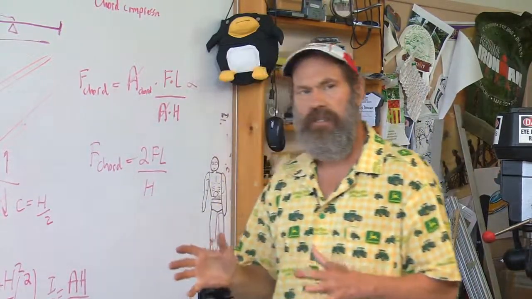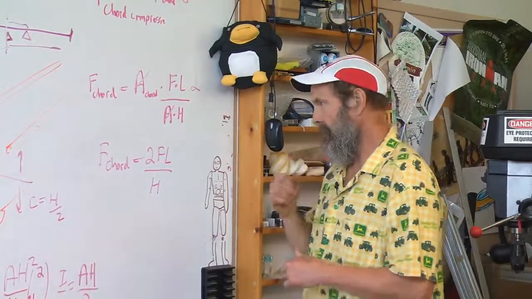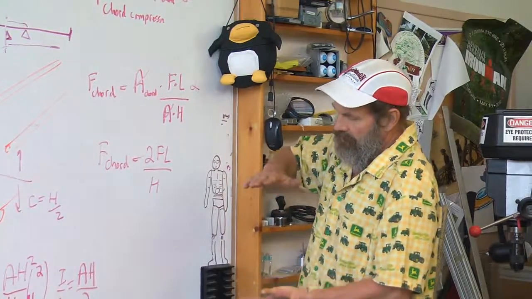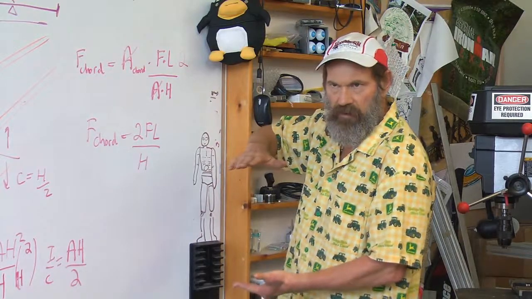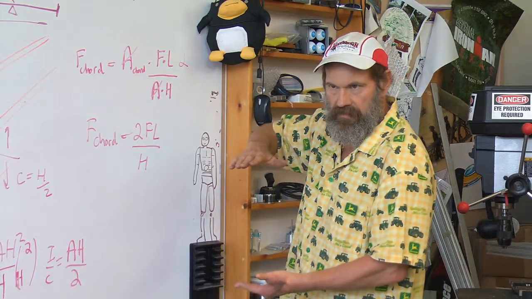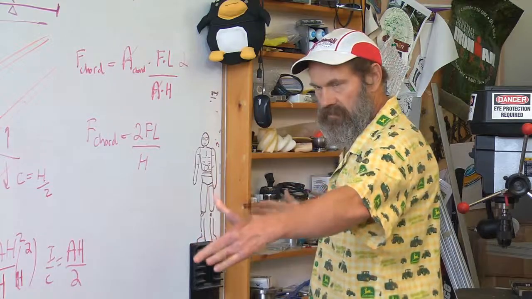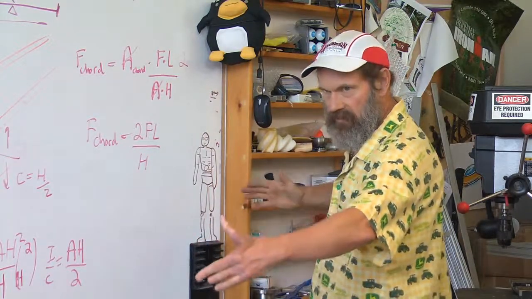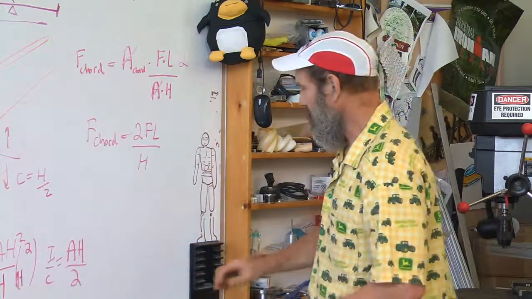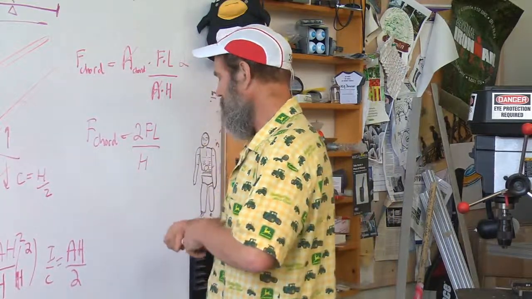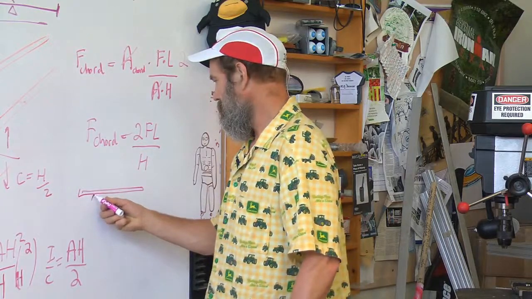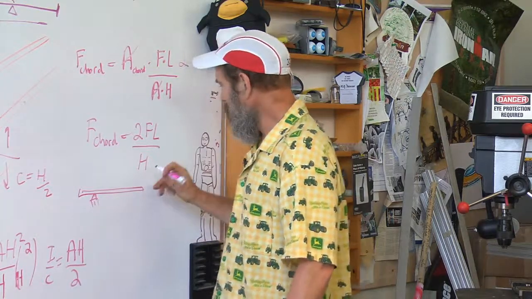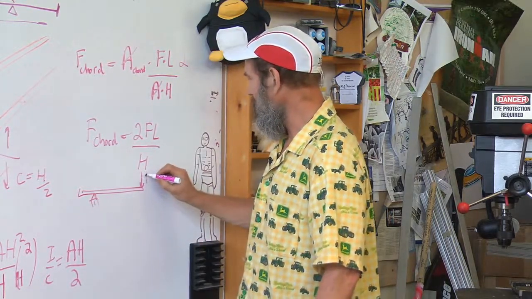And it makes sense physically if you think about it also. What matters is the depth of the beam, because that's giving you essentially the lever arm. It's almost like you've got a very simple lever where this is the force that's being applied.